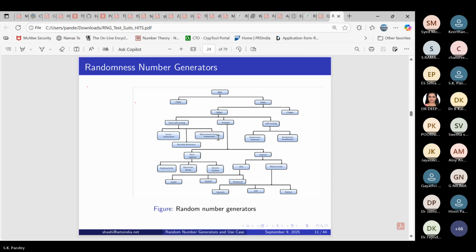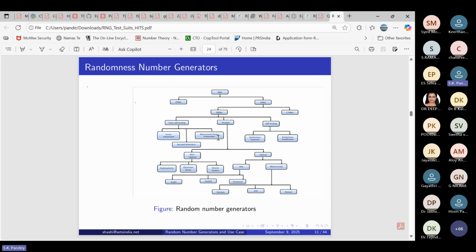So if we see the categorizations based on the source of the randomness, like I already told, without merging that natural source with a physical system, you can't build a secure system which will give you confidence for the security as well as the safety.